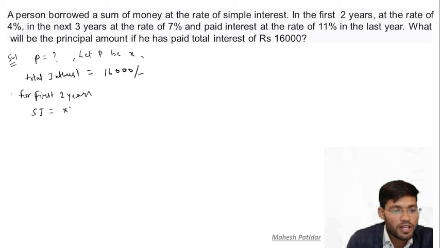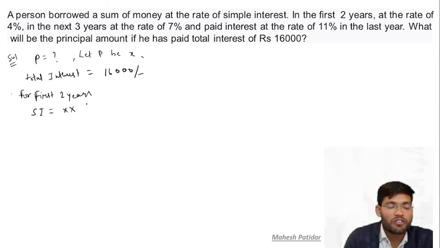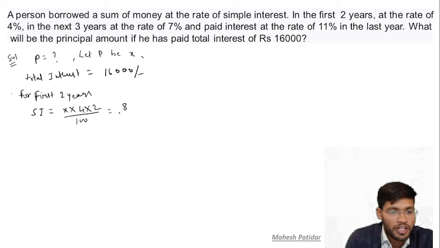So principal into rate. What is the rate? The rate for the first 2 years is 4%, and time is 2 years, upon 100. So it will become 8 by 100 x for 2 years.